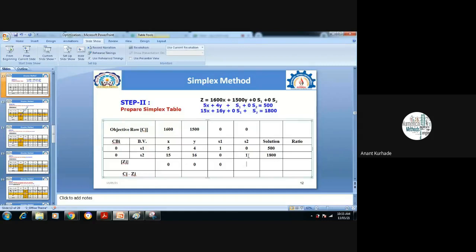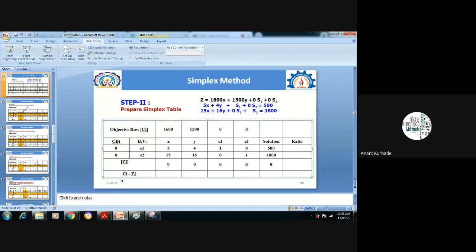Next one, 0 into 0 plus 0 into 1 is 0. Next one, 0 into 500 plus 0 into 1800 is 0. So for your first simplex table, all Zj values are 0 because S1 and S2 have coefficient 0 from your objective function.